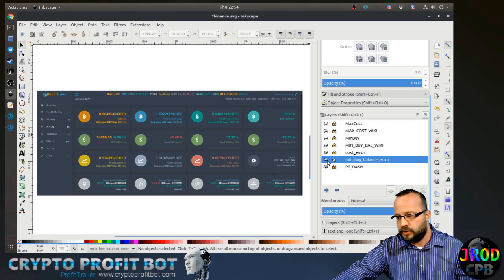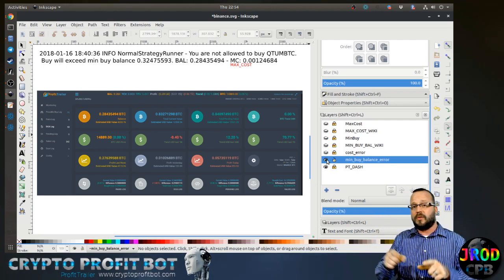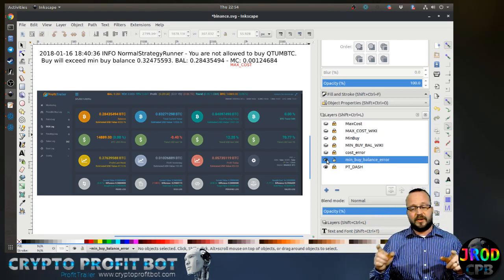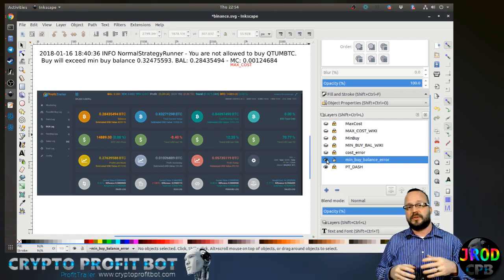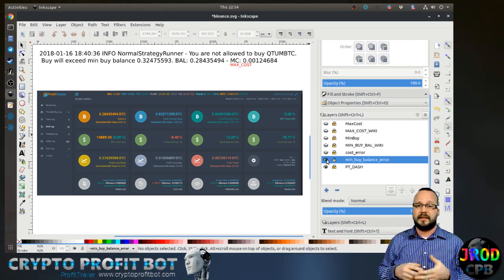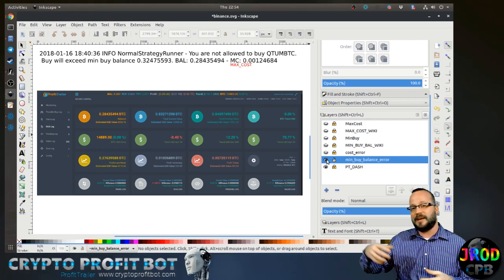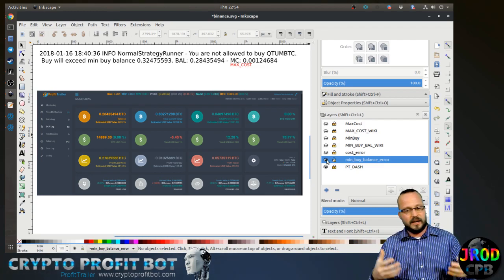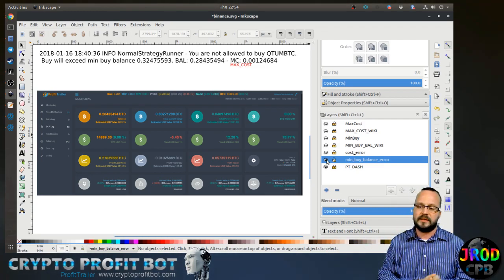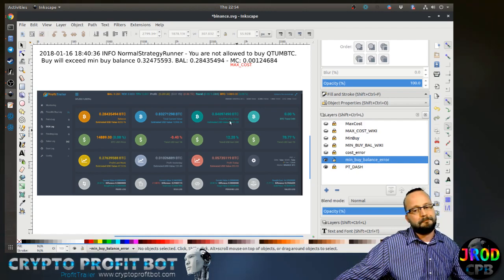You may get a min-buy balance error. We see this error all the time. This is almost always due to a min-buy balance that's been set that the user doesn't know is set, because maybe they borrowed settings from somebody and they're not really sure what's going on. So if you see something like this, let's break it down a little bit.